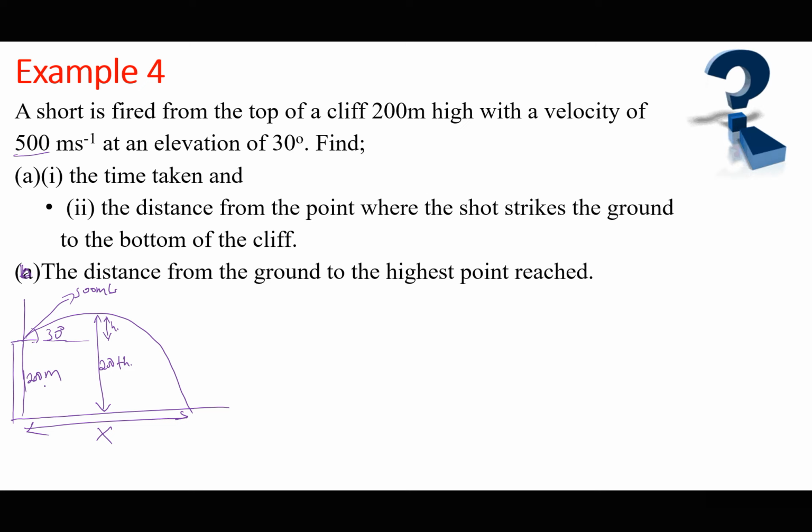Displacement is going to be negative 200 in the vertical. Displacement in the vertical is equal to negative 200, using s equals ut plus a half at squared. I'm just going to put this in a quadratic equation.